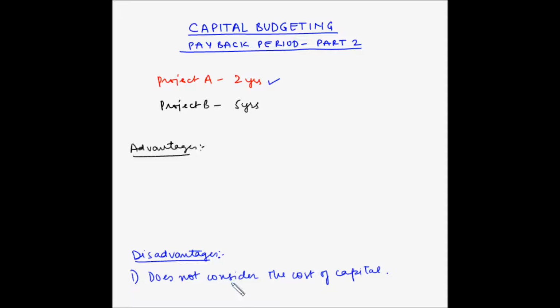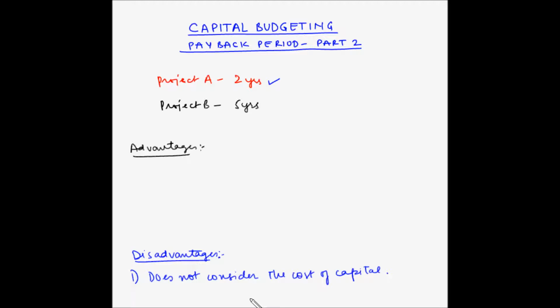The cost of capital will be applicable as long as the original investment has not been recovered. So until the original investment has been recovered, the cash inflow from the project should be discounted for the project's cost of capital.